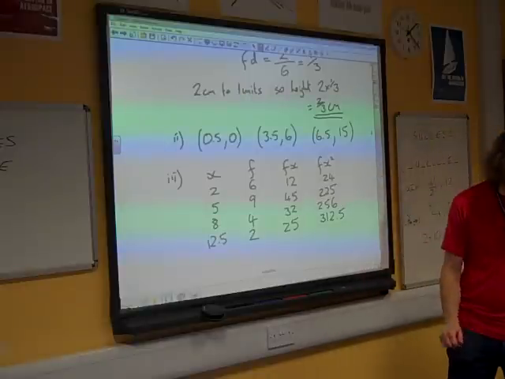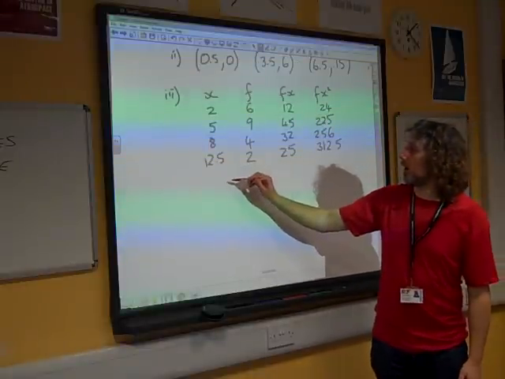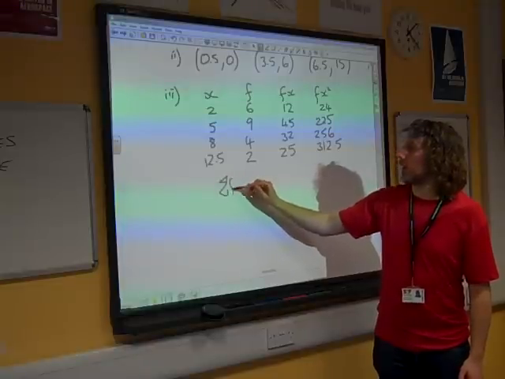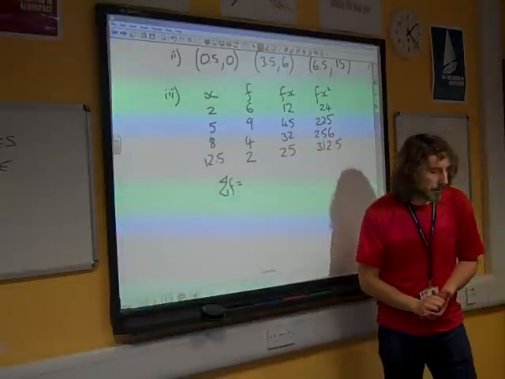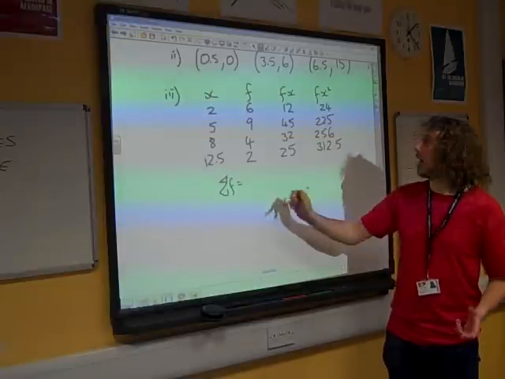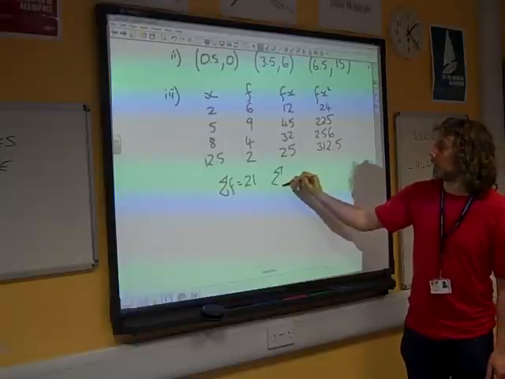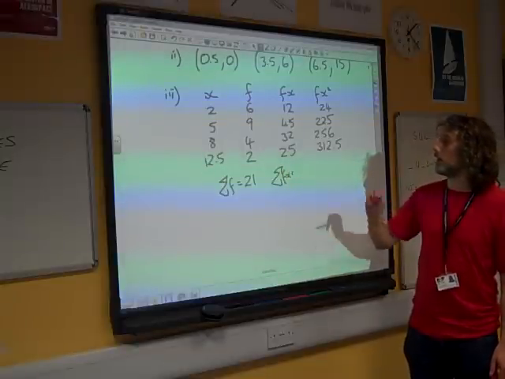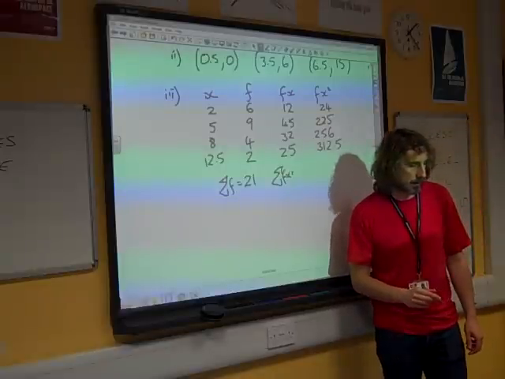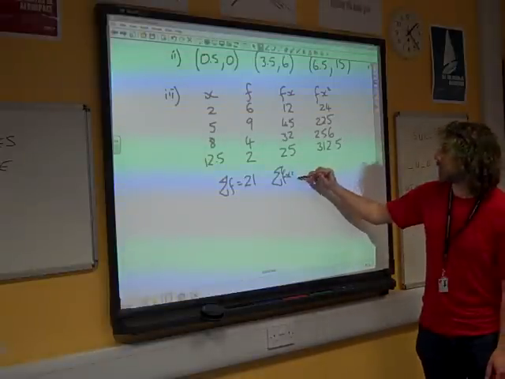And we need the totals of these. The important things here are sigma f. Now that's like n. That tells us how many were in our survey. And if we add these up, it's 21. If we add up this column here, sigma fx, then that is 114.